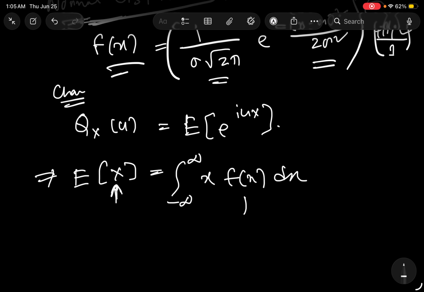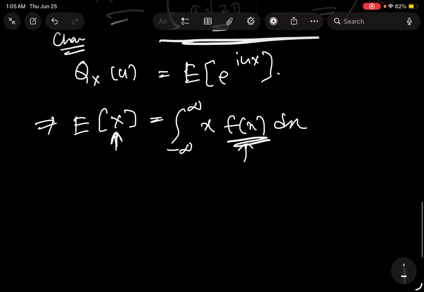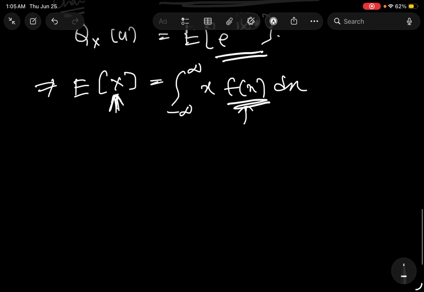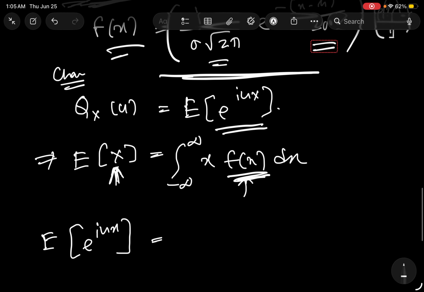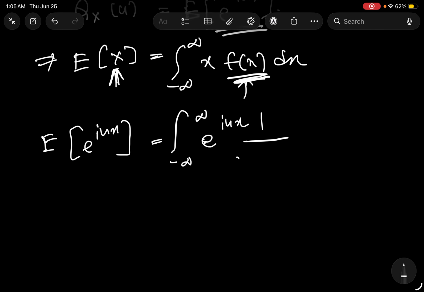Now we know what the probability density function is for a normal distribution, but instead of x we also have this, so we're going to replace x with this, and we're going to replace f(x) with this. So instead of x you have e to the power iux, and instead of f(x) you have the probability density function that looks like this.